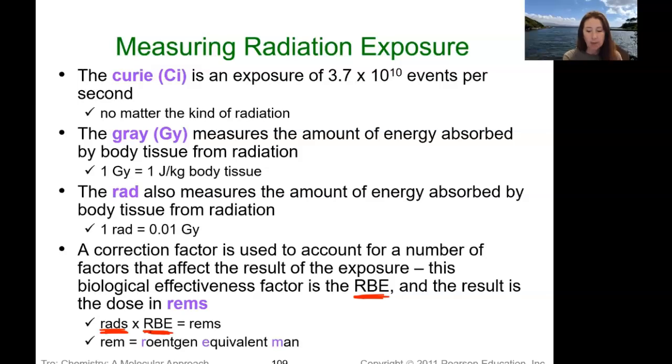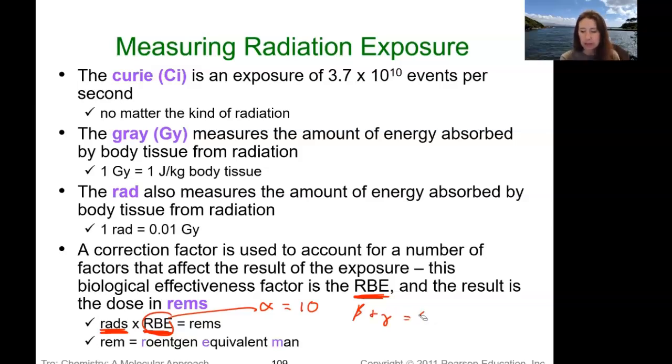And depending on the radiation source, this is different. So for an alpha, you multiply the absorbed dose by 10. For a beta or a gamma, it's 1 for both of those.